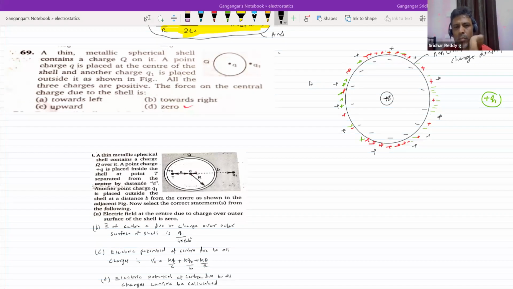No, not possible. So no question of that. But he's asking about the force on the central charge. So look at all this charge. Whatever the charge distribution, it will be symmetric. So definitely the force will be 0. But he's asking whether the force on the central charge due to the shell should be 0 or non-zero.